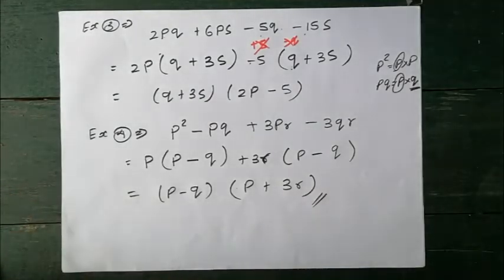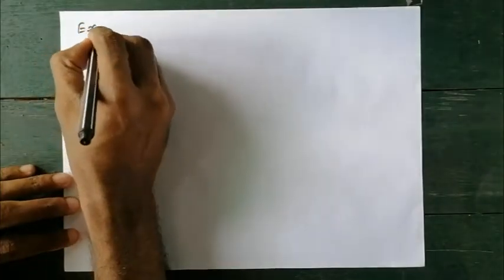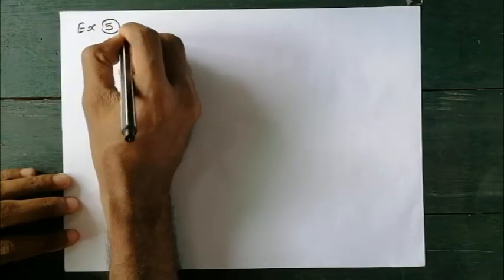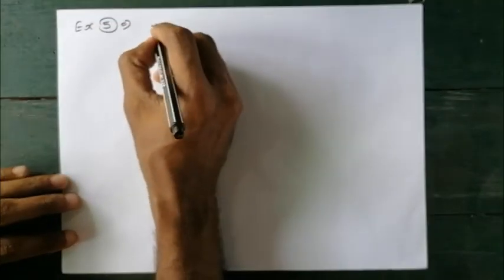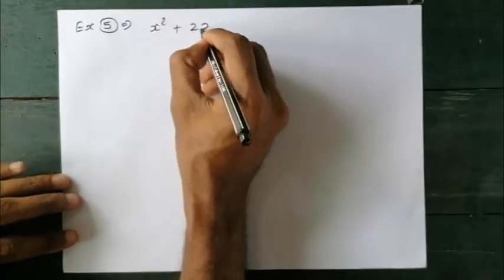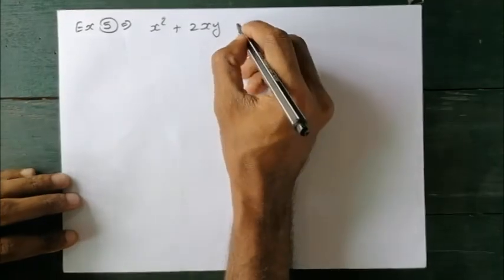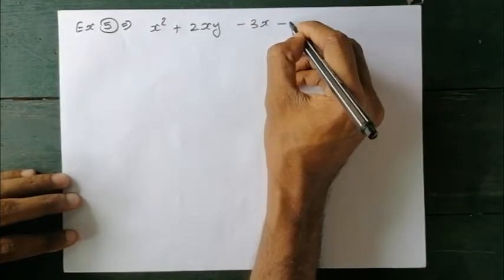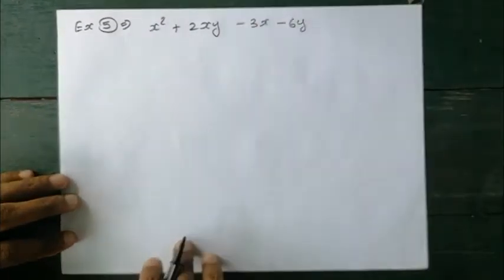So that is our fourth example. We have another two examples. The fifth one: x squared plus 2xy minus 3x minus 6y.